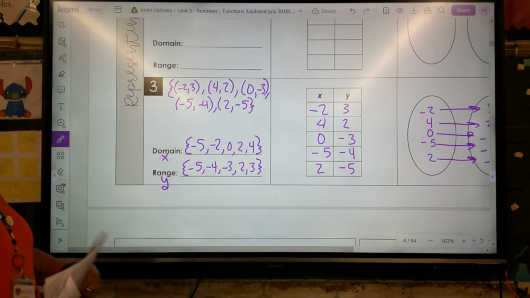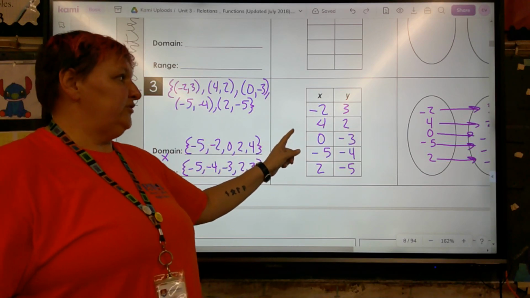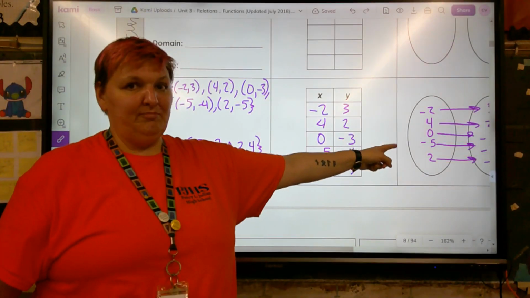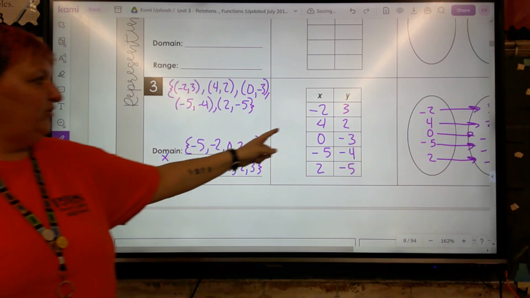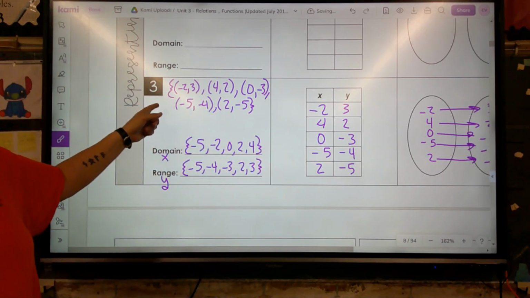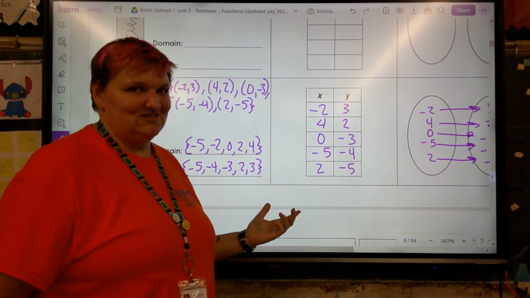So we use the graph to fill in the table. We use the table to fill in the map. We use the table to fill in the domain and range. And we use the table to fill in the relations. We just went backwards.